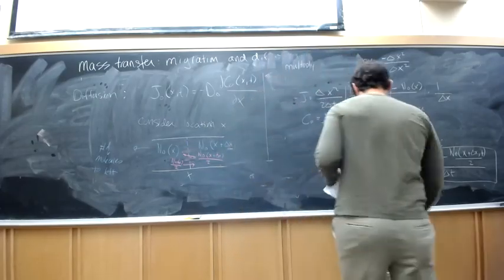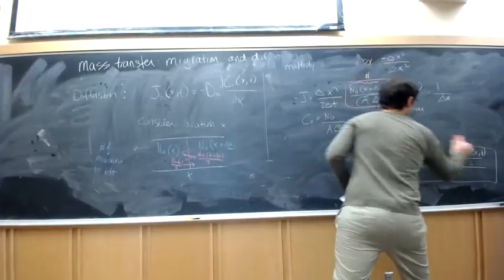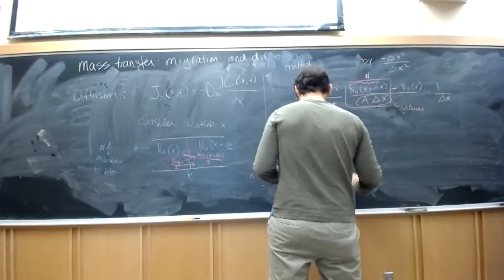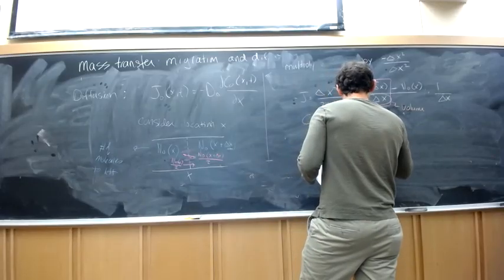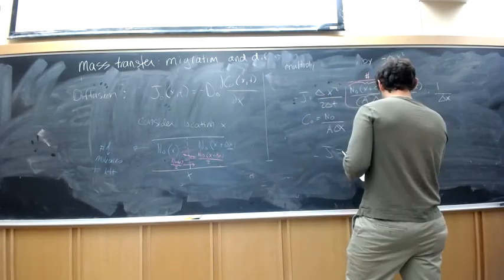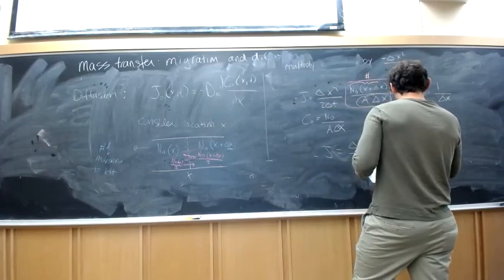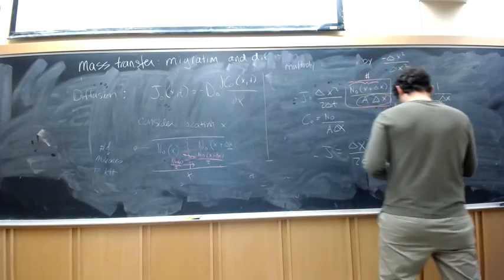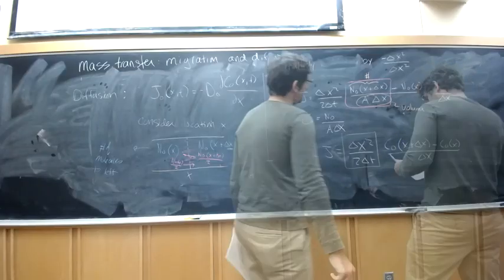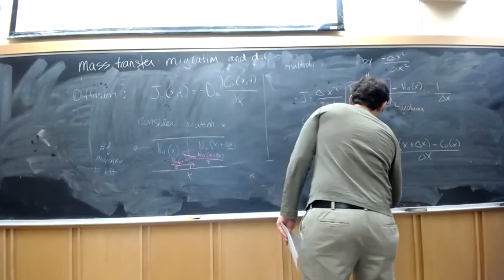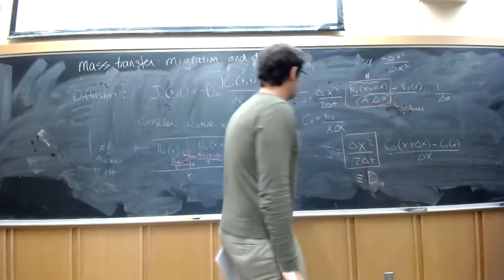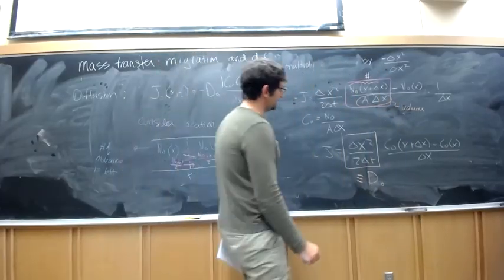And I can now write this expression as negative J equals delta x squared over 2 delta t times C_O(x plus delta x) minus C_O(x) over delta x. And I can identify this as the diffusion coefficient of species O in this case, or whatever species we're interested in.